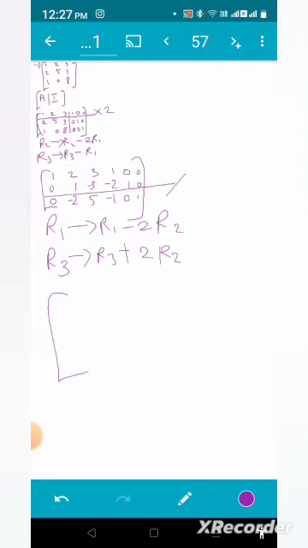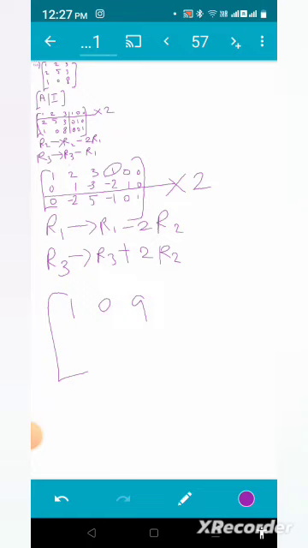So R1 changes: R1 minus 2 R2. R2 is multiplied by 2. 1 minus 0 is 1. 2 minus 2, that is 0. 3 minus of minus 6, that is 3 plus 6, that is 9.